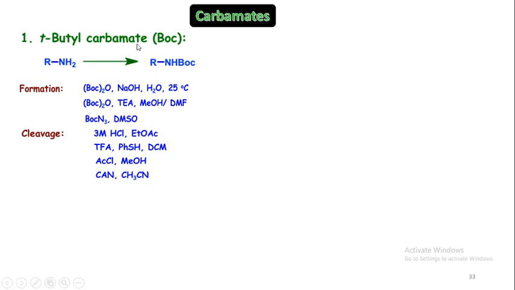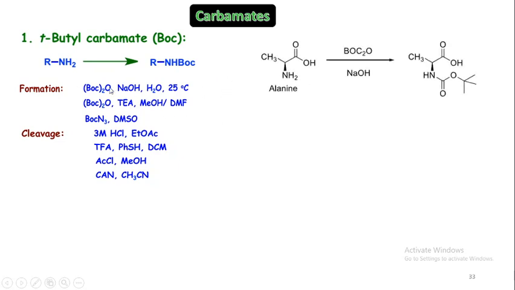Here, the first method to convert the amine into carbamate is by using BOC, that is the tertiary butyl carbamate. This can be done by using BOC anhydride in the presence of NaOH. This is a simple reaction in which this is alanine, which contains the NH2 group which is nucleophilic.